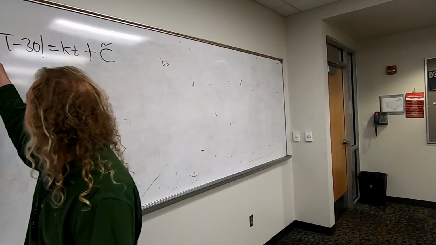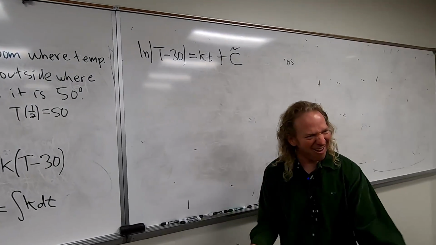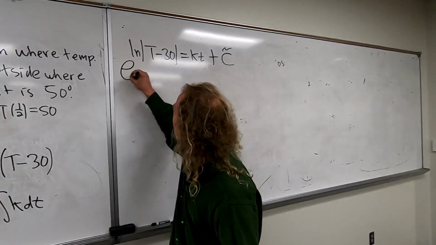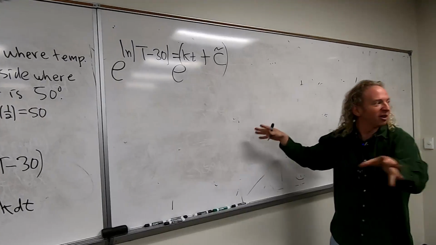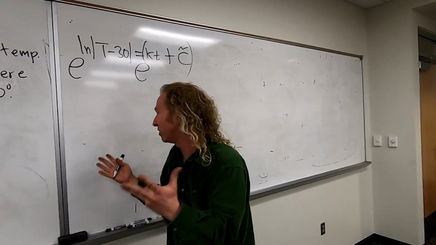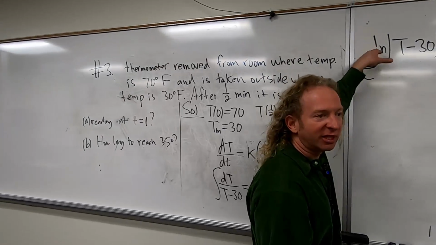How do you get rid of the ln? What do you do to both sides? Do you remember? E, yeah, it's coming back. Yes, exponentiate. So this is like 2.2, right? So you get more practice for that too for your test. It's a good problem. These cancel, right? The e and the ln.